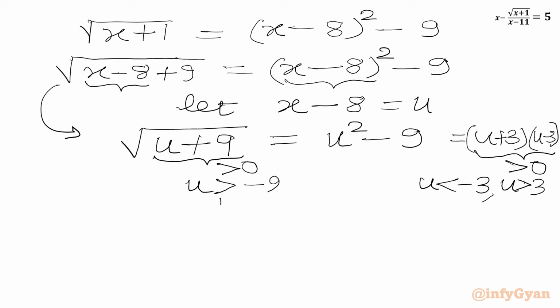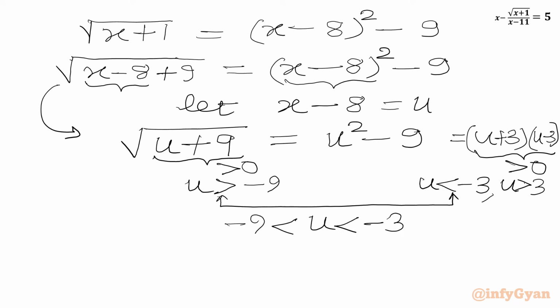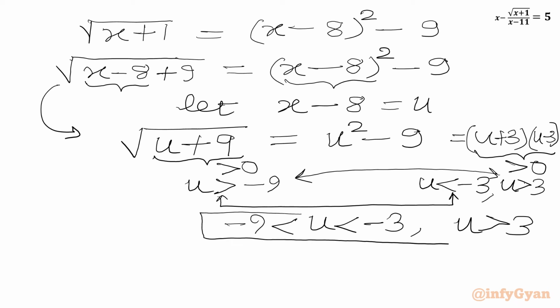Now we will take the intersection of these two conditions. So u should be in the interval minus 9 to minus 3, or u should be greater than 3.